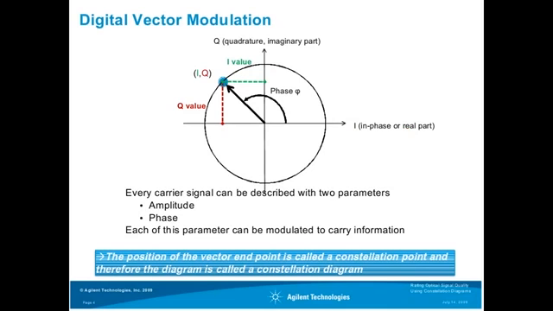So you can translate this vector between its I and Q values, the Y and the X parts, and the amplitude and the phase. Each of these parameters can be modulated to carry information. So the position of the vector endpoint is called a constellation point, and therefore the diagram is called a constellation diagram.